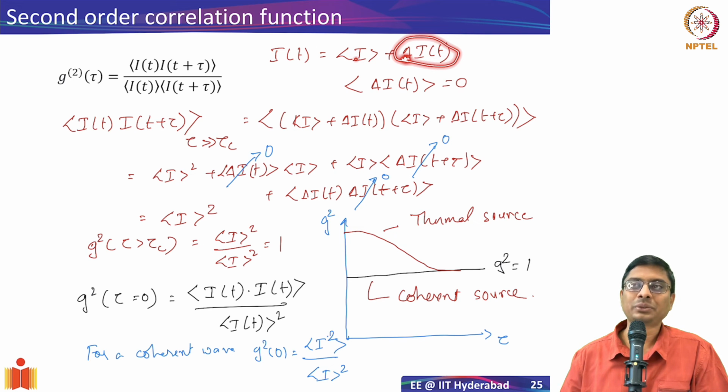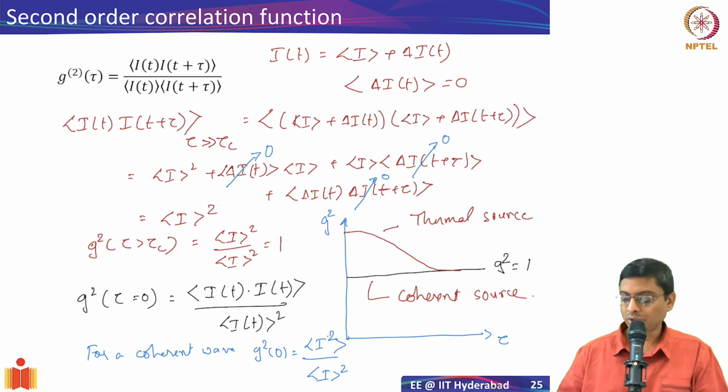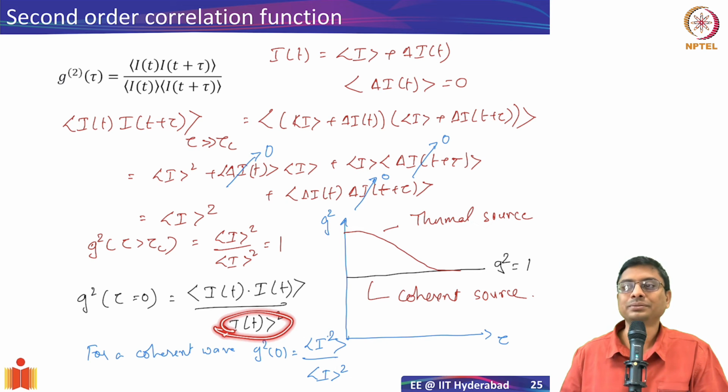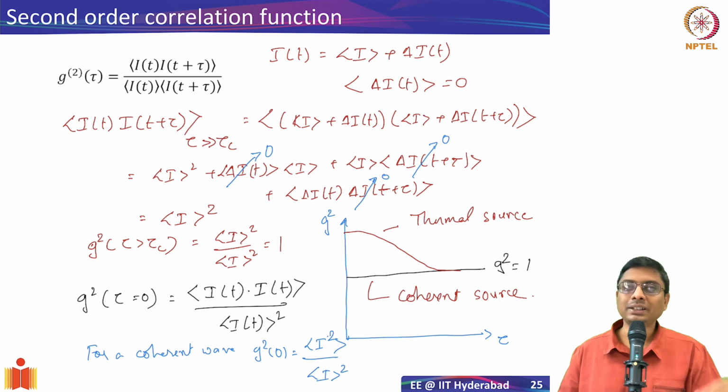If you have a chaotic source, delta I of t into delta I of t is going to be definitely larger than the average value. You see that? So that's why, if you have a coherent source, then it is exactly identical, and you have 1.